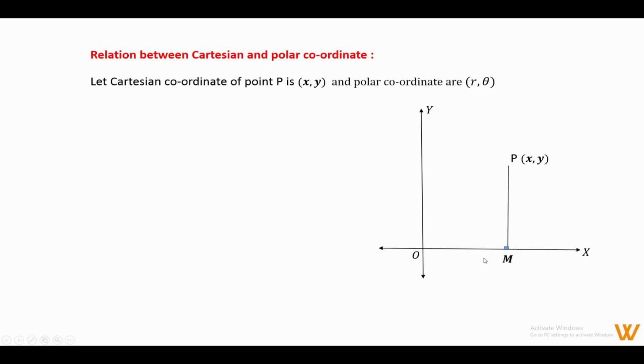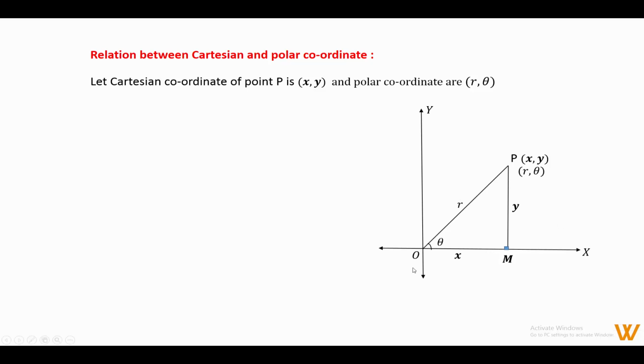So OM distance is nothing but x and PM distance is y. Now the corresponding polar coordinates of point P are r, theta. So join OP. OP distance is r and line OP makes an angle theta with the initial line.